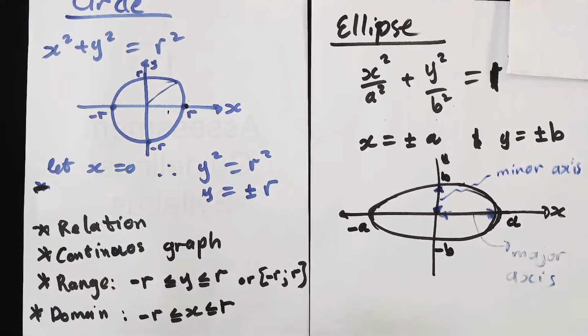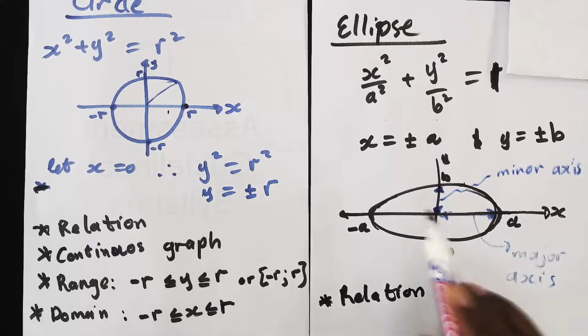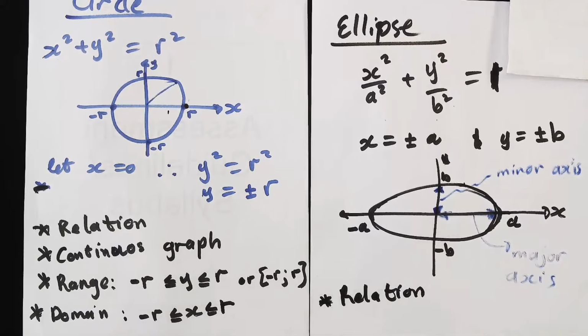In that case, we need to answer those questions. Are we having a function? There is a relation. So we have a relation. Why? Because one value of x produced two values of y. If we let x equals to 0, we got plus or minus b.